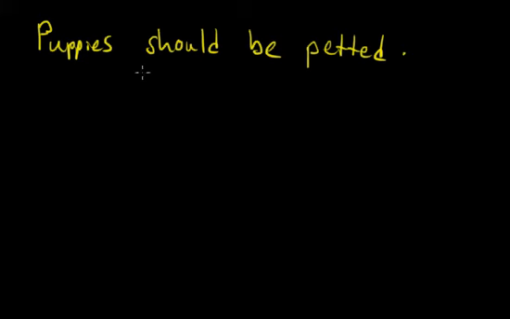Puppies should be petted. Go ahead and indicate the parts of speech and draw your tree diagram on a separate piece of paper. Pause this video to do that now.